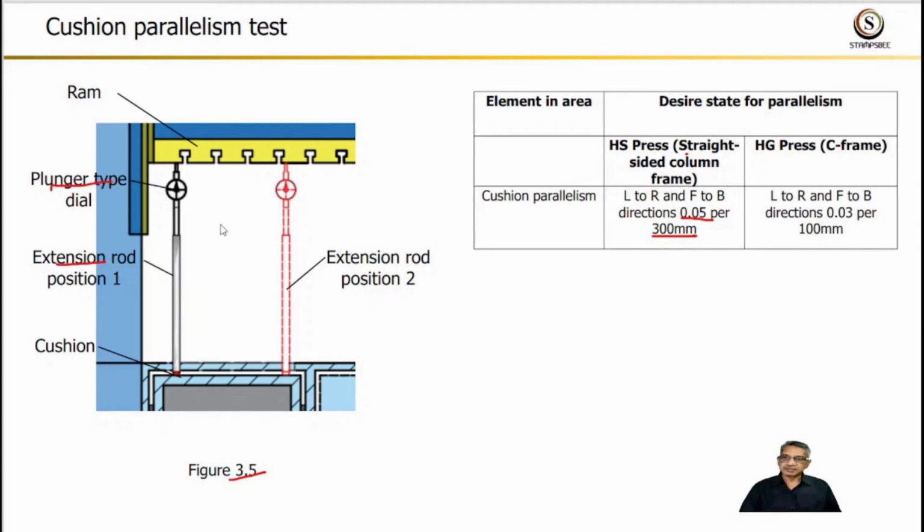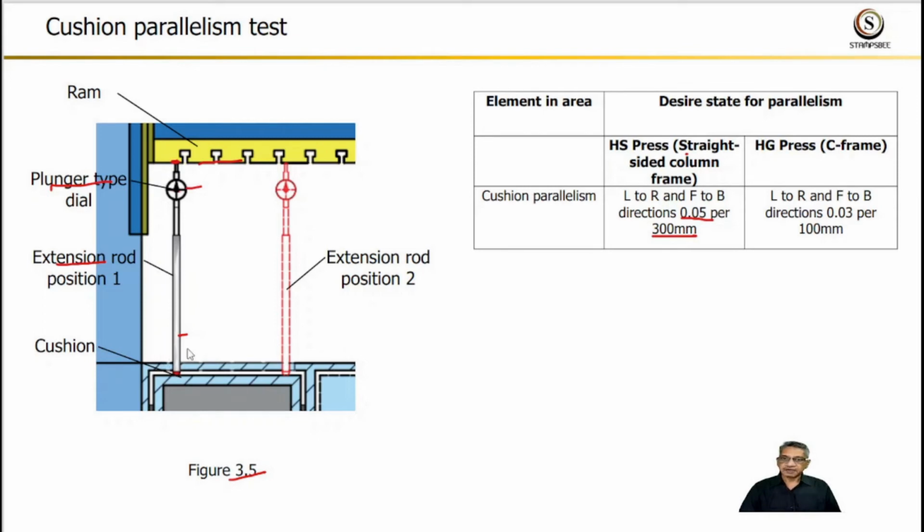The method is first ensure the ram parallelism is within specification and it is in BDC condition. Set the cushion pressure box at up condition. Set the extension rod and plunger type dial in such a way that there is suitable pressure on it.